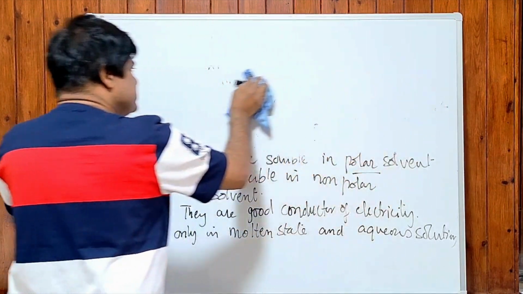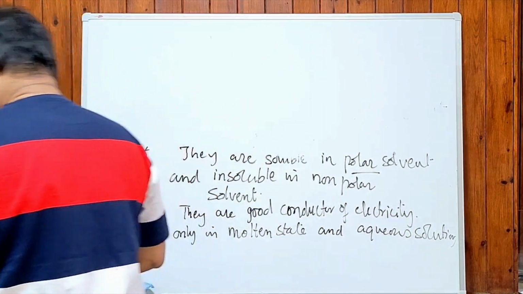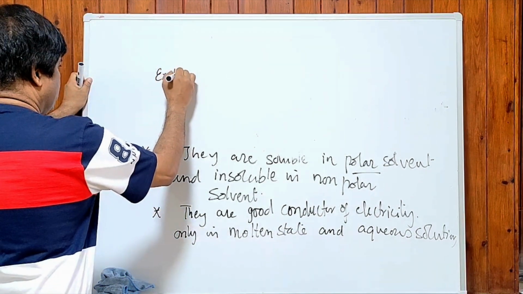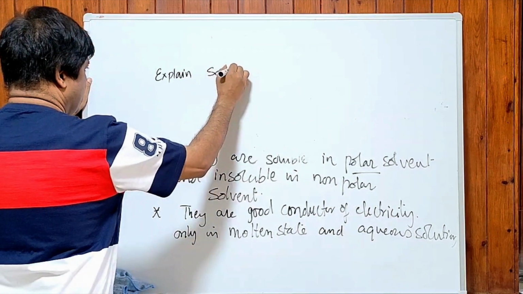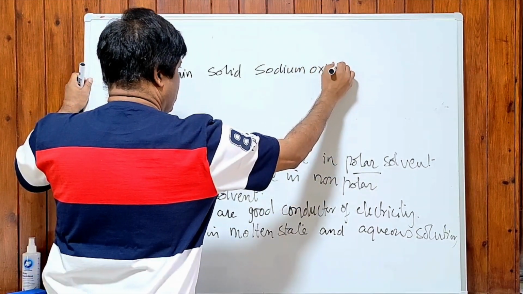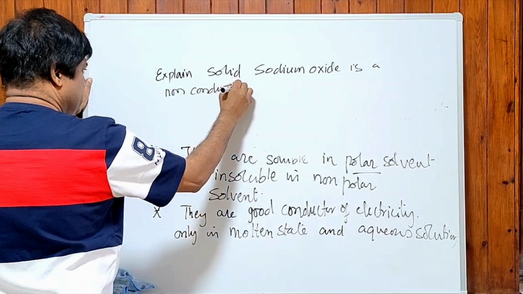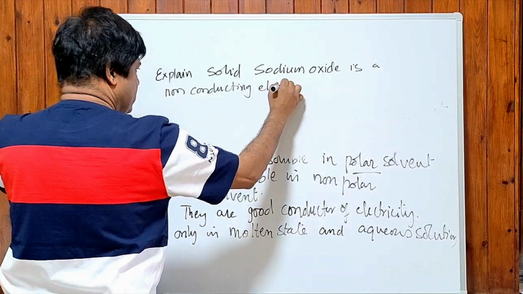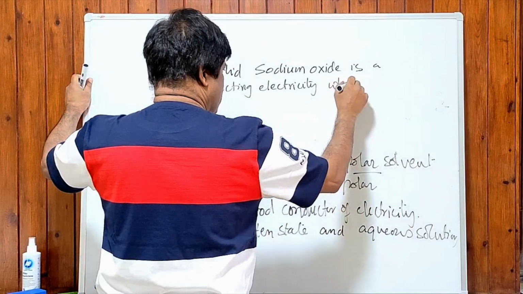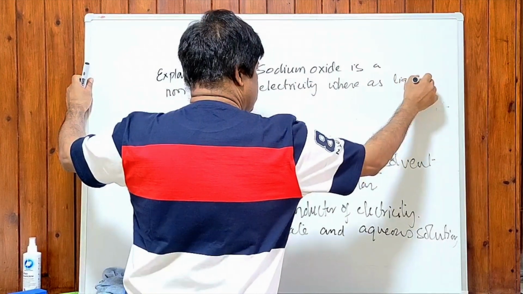This is a past paper question from the OCR A-level. Explain why solid sodium oxide is a non-conductor of electricity, whereas the liquid does.